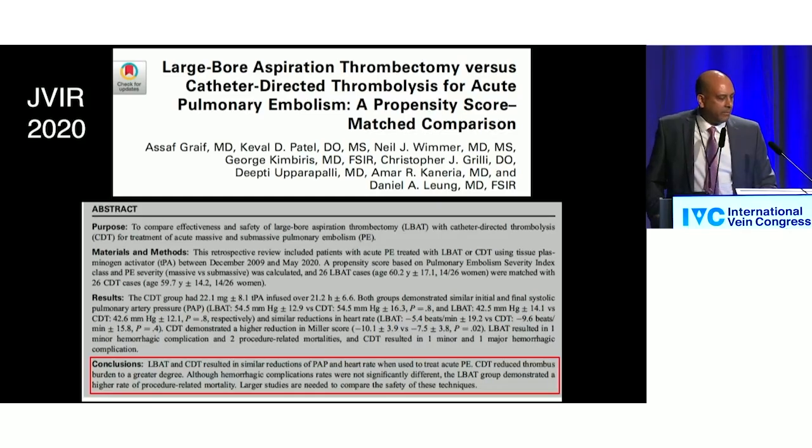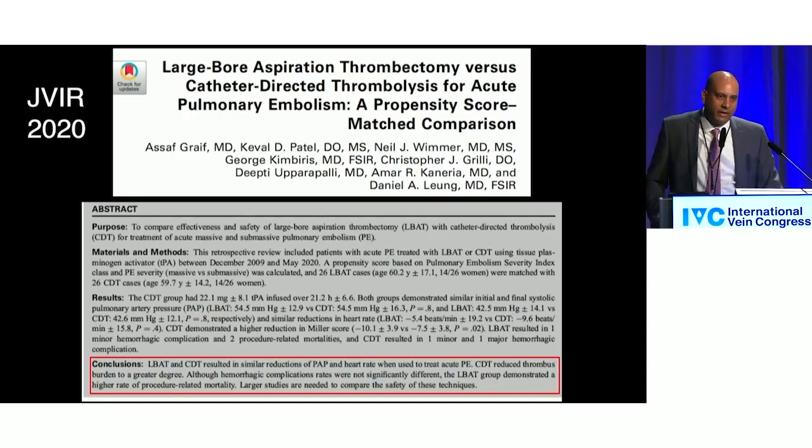A small series came out a few years before that that showed, again, catheter-directed thrombolysis compared to some of the large bore aspiration thrombectomy devices, again showing that both were comparable. Obviously, you can resolve or get rid of more clot with drug than you can without, but the complication rate using some of these large bore devices was significantly higher, albeit this was a pretty small study.